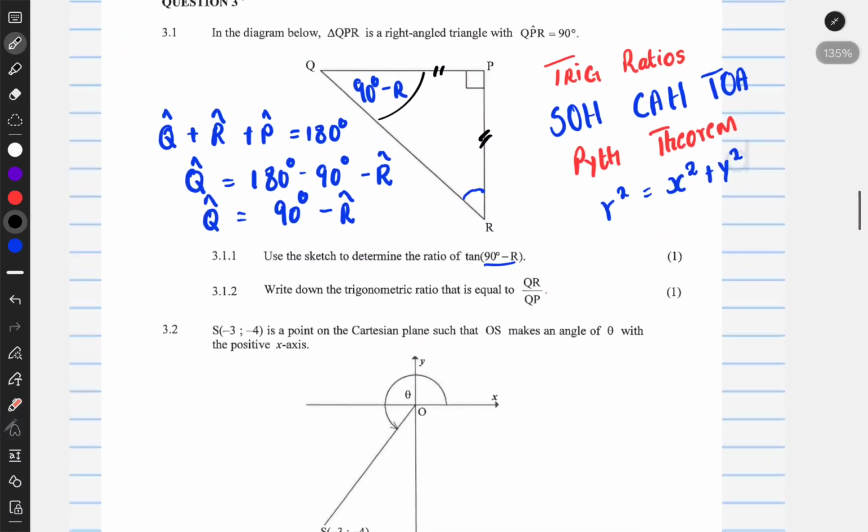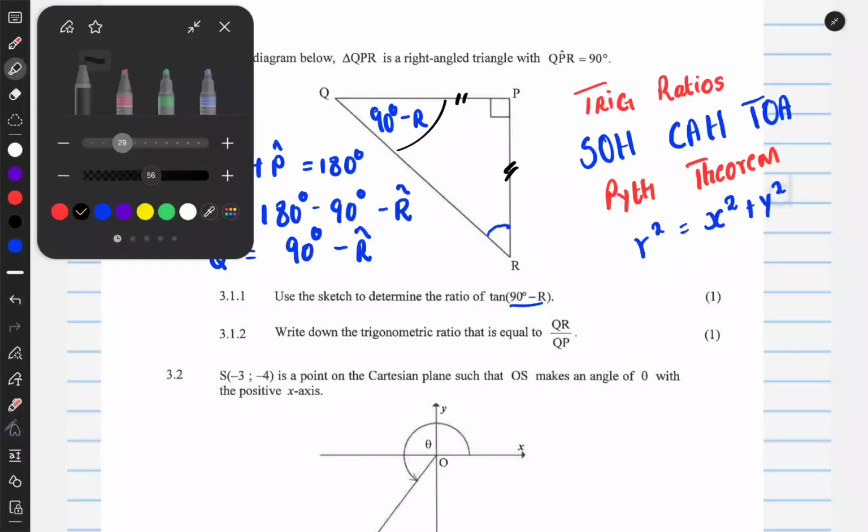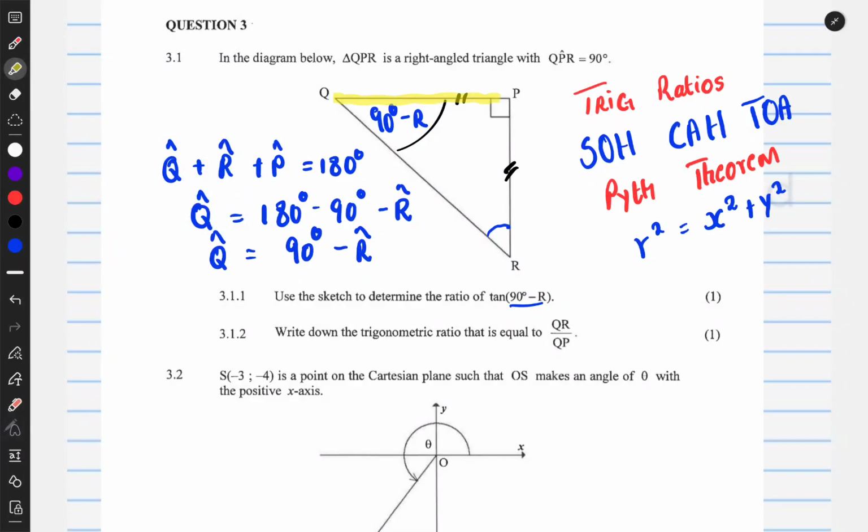Okay, and then next we are asked to determine the trigonometric ratio that is equal to the side QR over this side QP. From here, what should come to your mind is that QR is the hypotenuse side, and generally the hypotenuse side is the denominator.